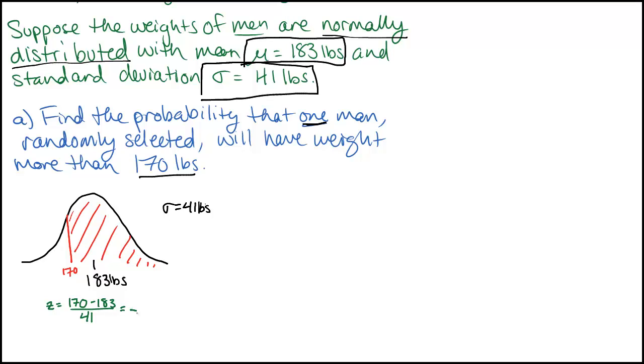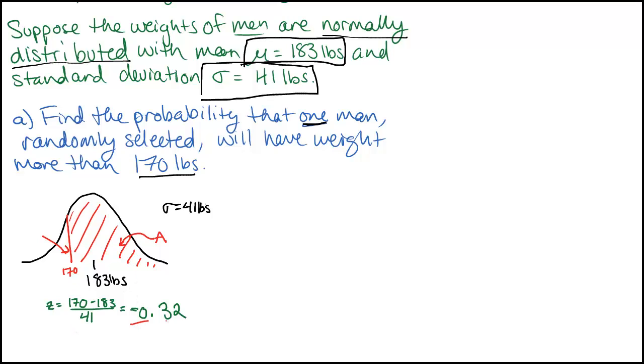In this case, this comes out to negative 0.32 if we round to 2 decimal places. This is negative because it's on the left-hand side of the mean, so we should expect to see that. And then we're going to have to look up in our z-score chart what this area is. Now remember, the areas in the z-score chart are always the area to the left.